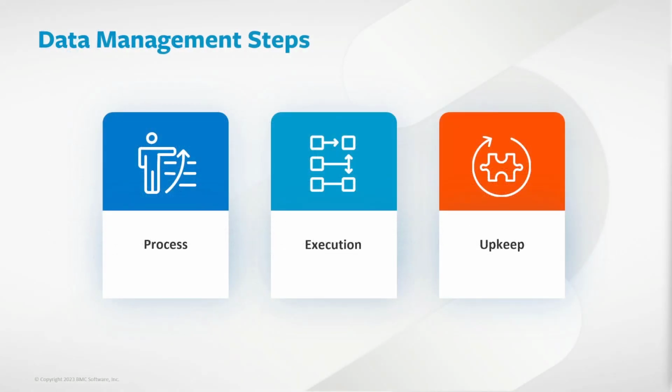Today we're going to go ahead and start with these data management steps. These are very high-level steps: process, execution, and upkeep. All three of these are very simple, but they're required. Process would include things like having a standardized process for reporting, for how to report the issues in live environments, and then remediation steps.